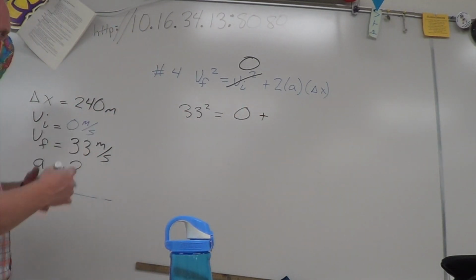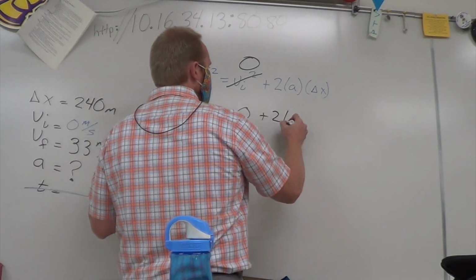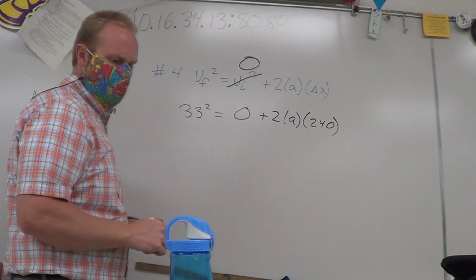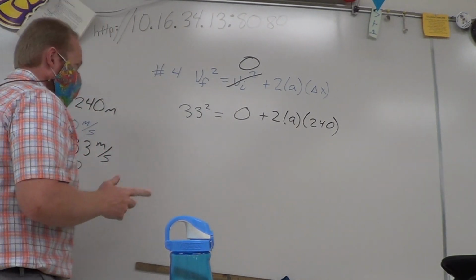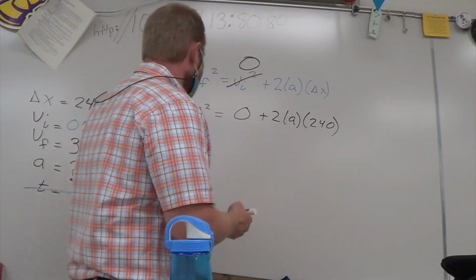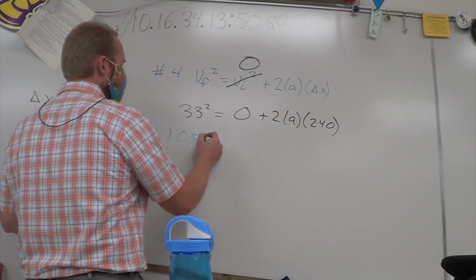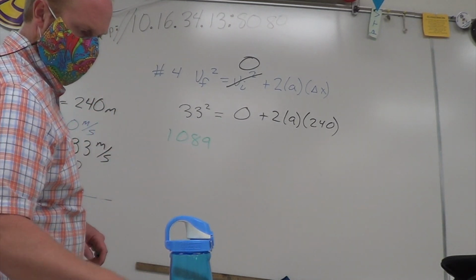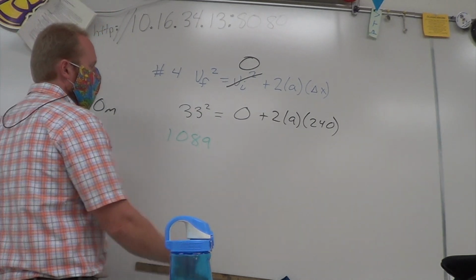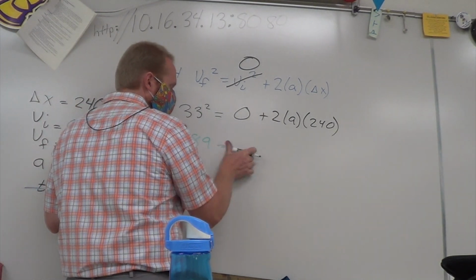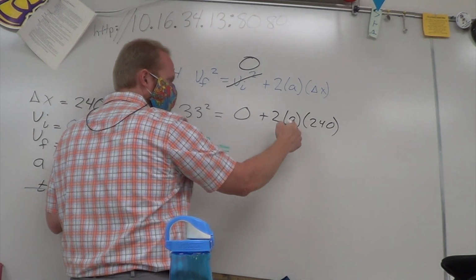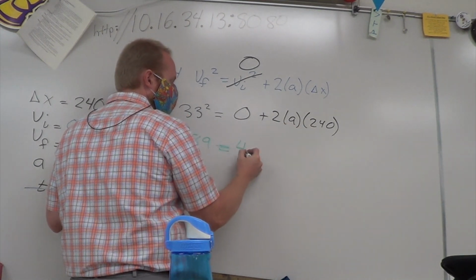I'll just say it's going to be 2 times A times 240. Now if I remember from last hour, 33 squared is 1,089, which is equal to 0 plus, I'm just going to get rid of that 0, 2 times A, 2A, times 240 is 480A.